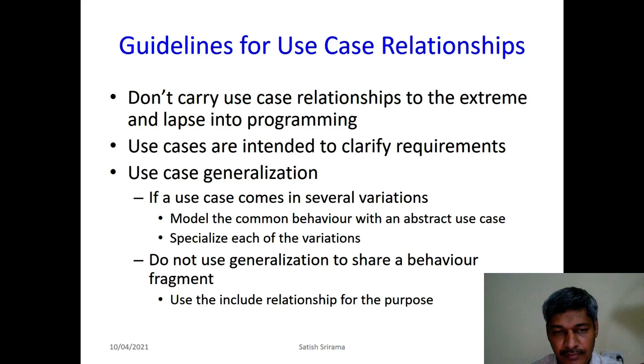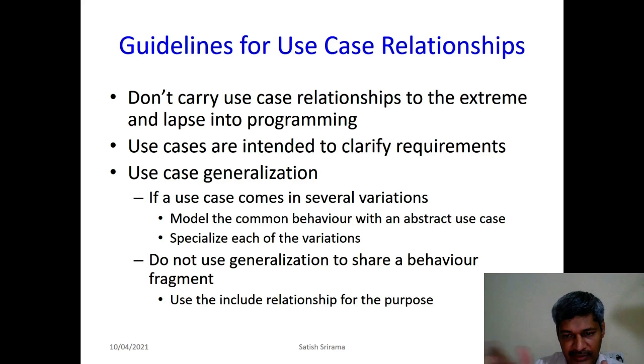Now let us look at the guidelines for each of the use case relationships. In terms of generalization, if a use case comes in several variations, model the common behavior with an abstract use case.